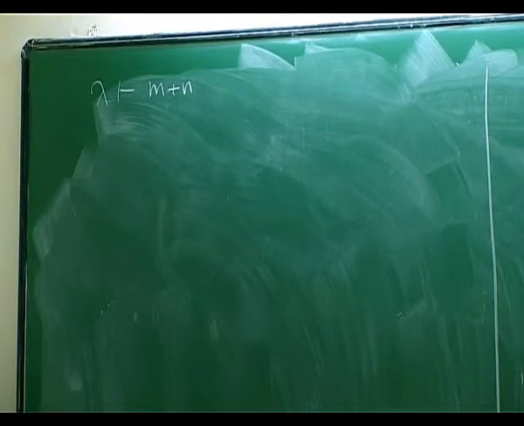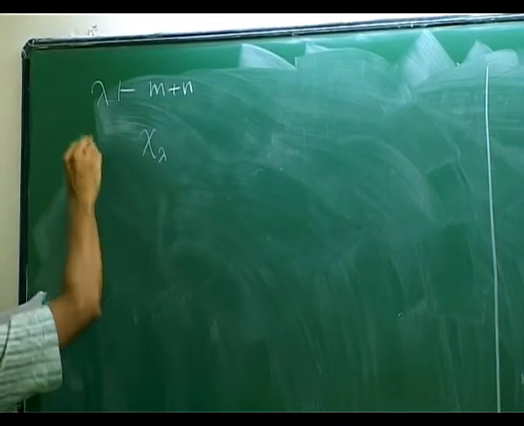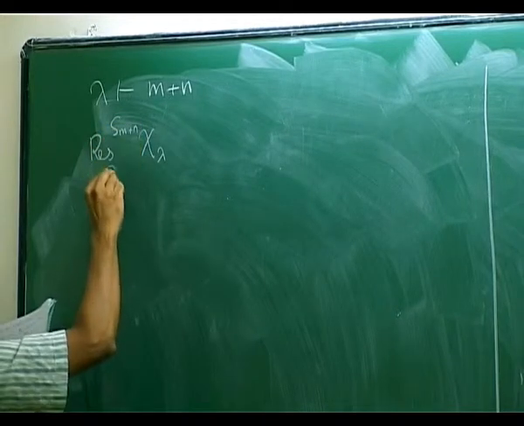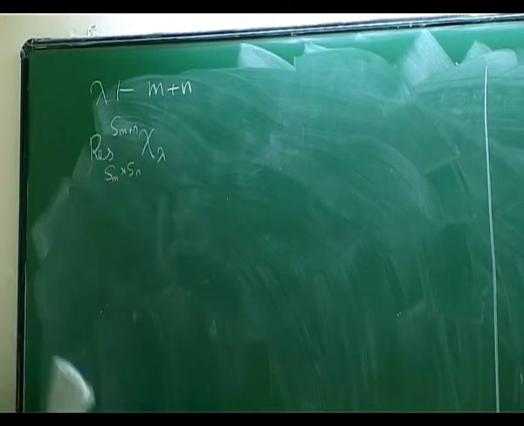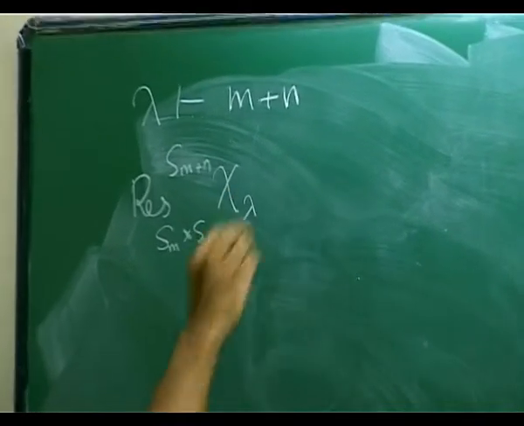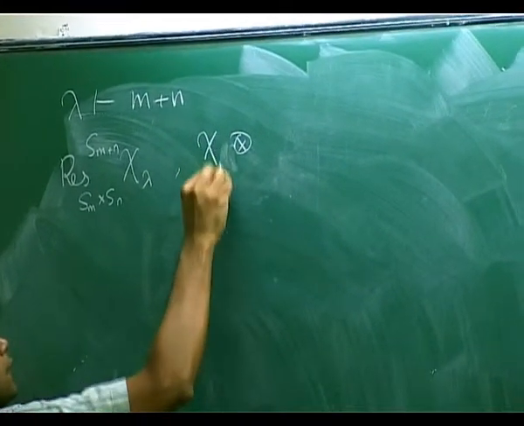And now we'll take the character chi lambda and restrict it from S m plus n to Sm cross Sn. Okay, and let's just compute this against chi mu tensor chi nu.